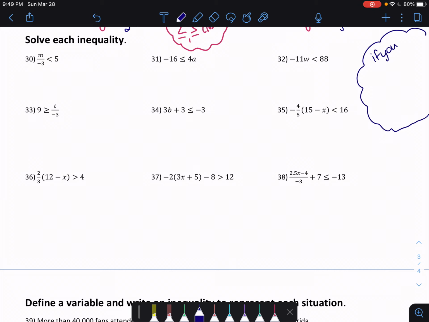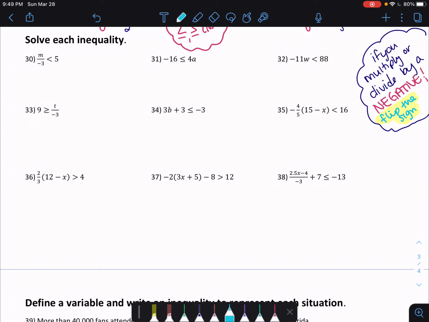If you multiply or divide by a negative, you're going to flip the sign. Okay, so if you're looking for some good information for your note card.